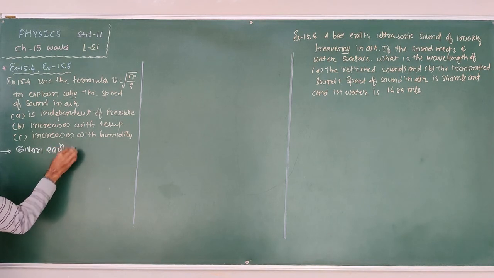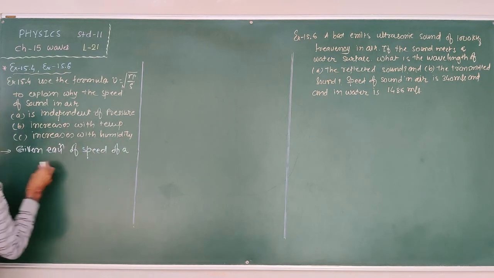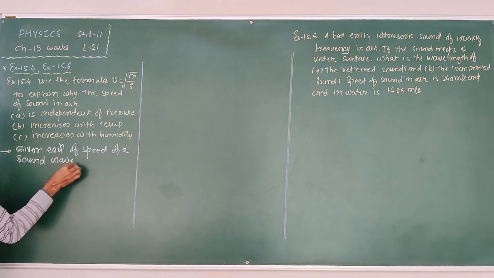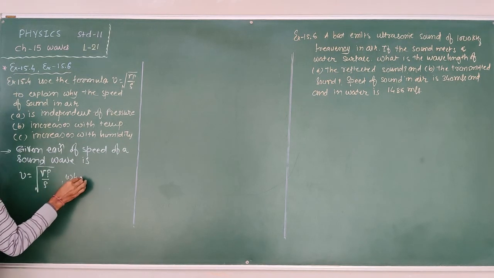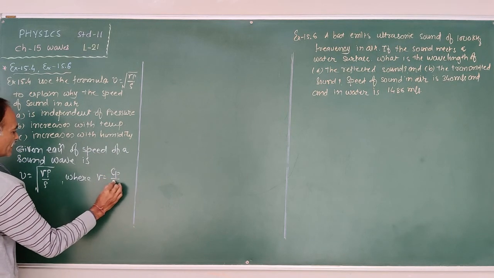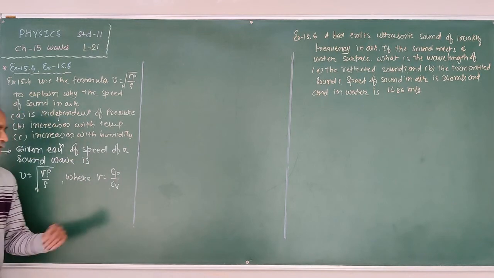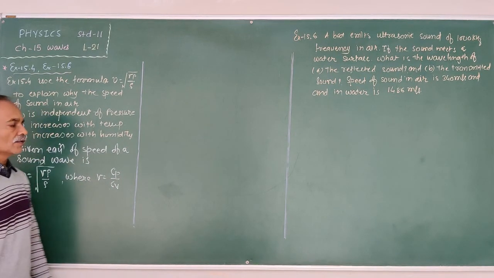The given equation of speed of the sound wave is V is equal to under root of gamma P upon rho, where gamma is equal to the ratio of two specific heats, Cp, specific heat at constant pressure, and Cv, the specific heat at constant volume.